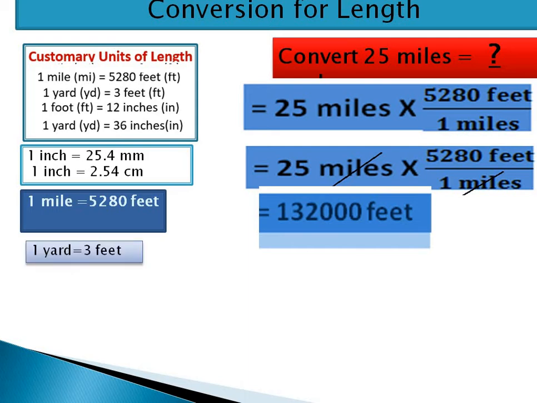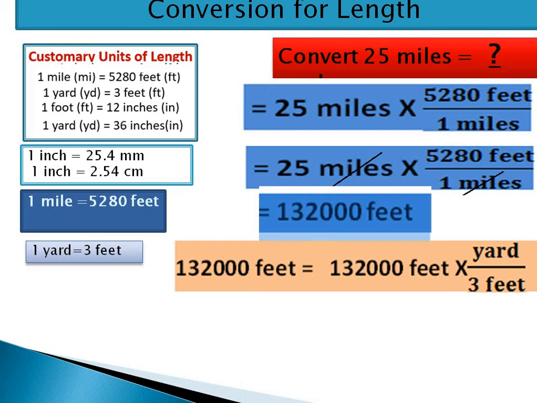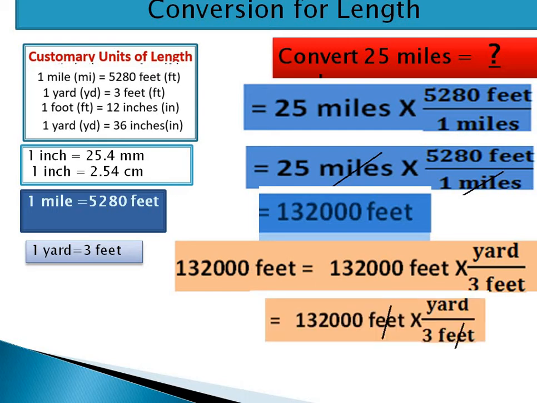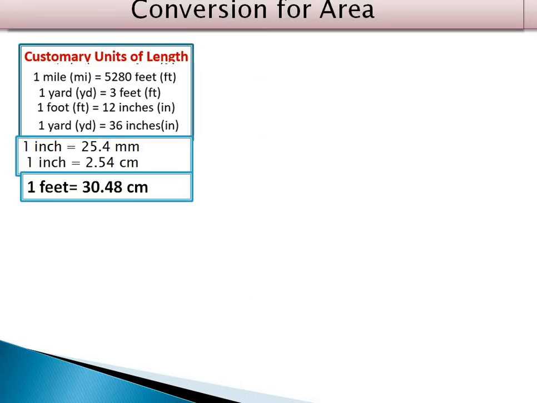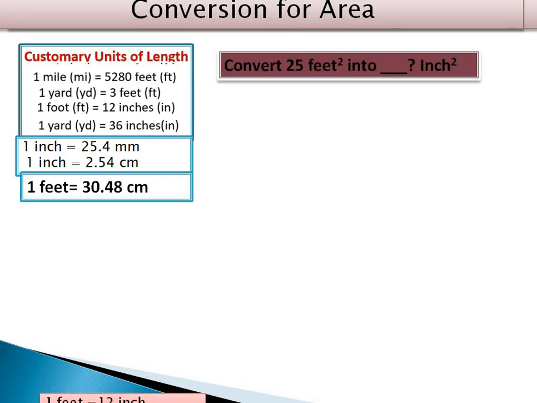But 1 yard is nothing but 3 feet. So 1,32,000 feet divided by 3 feet per yard, feet will get cancelled, and the unit will be converted into yard as 44,000 yard.